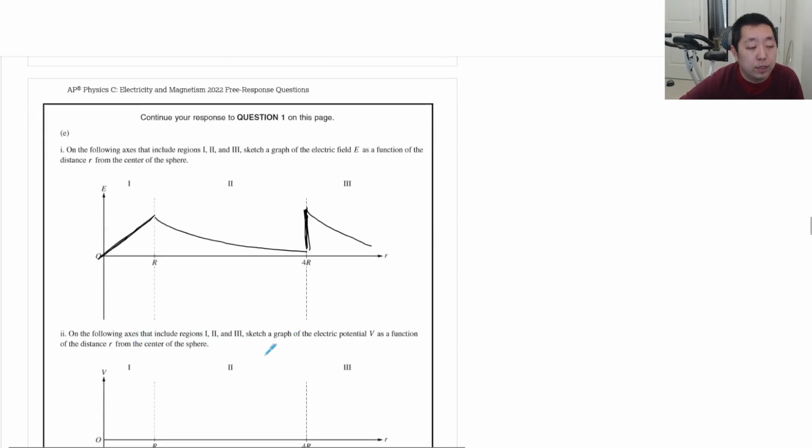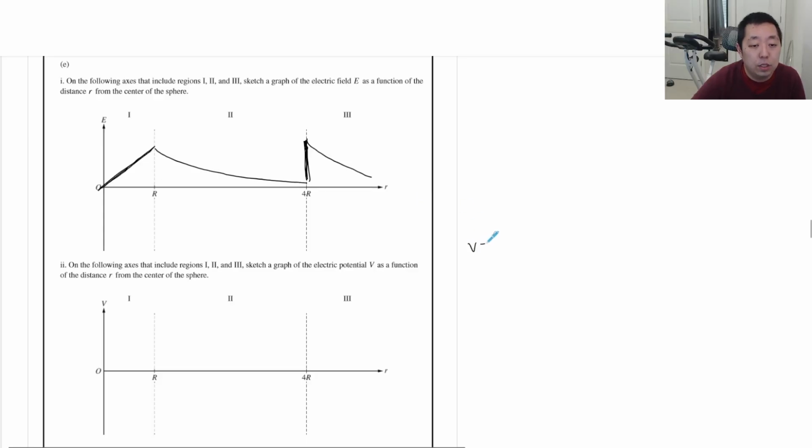On the following axes include regions 1, 2, and 3. Sketch a graph of the electric potential. So for electric potential, you're going to do the E dot dr to find the potential.